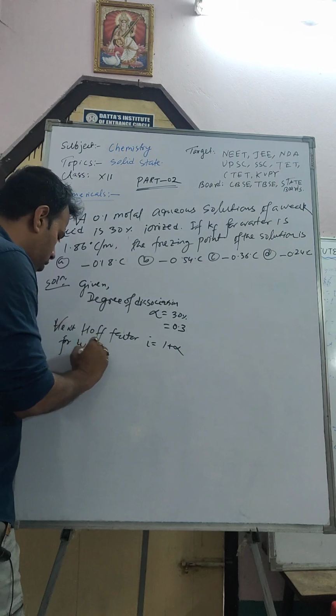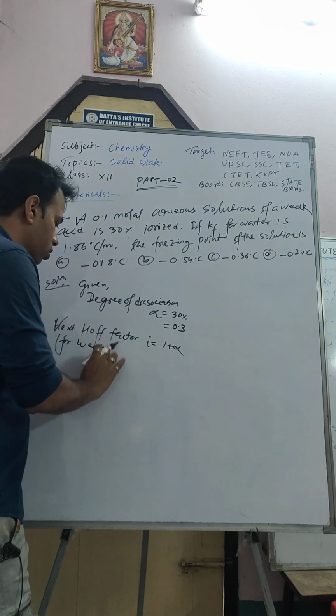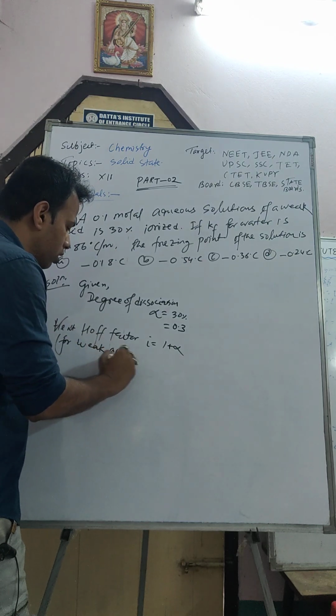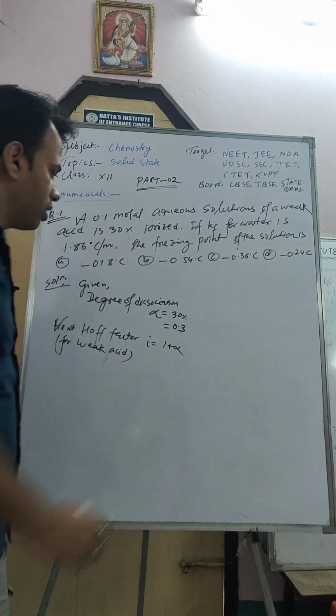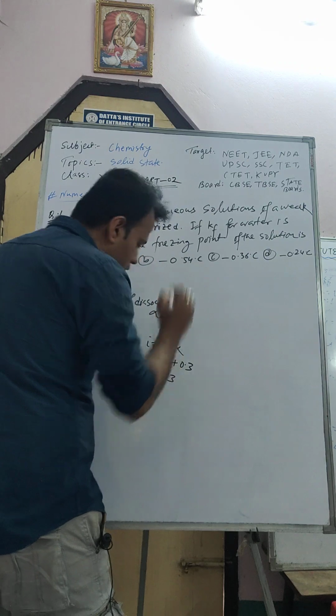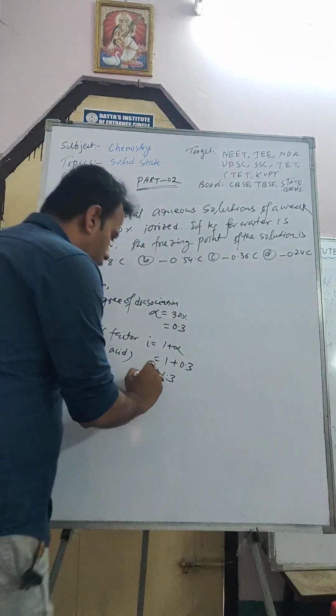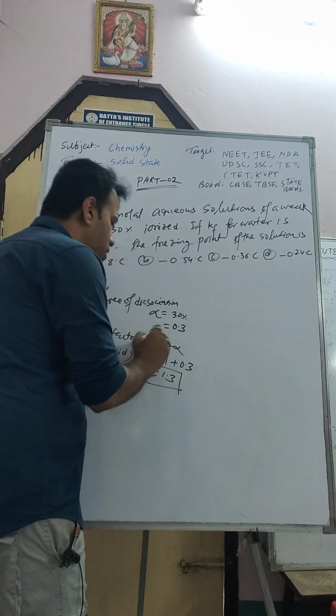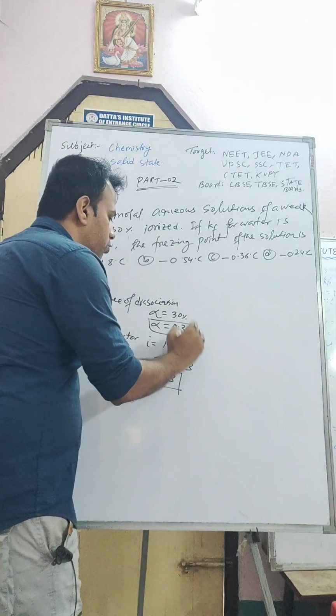You put the value of alpha here, so you will get 1.3. That is, i is 1.3 and alpha is 0.3.